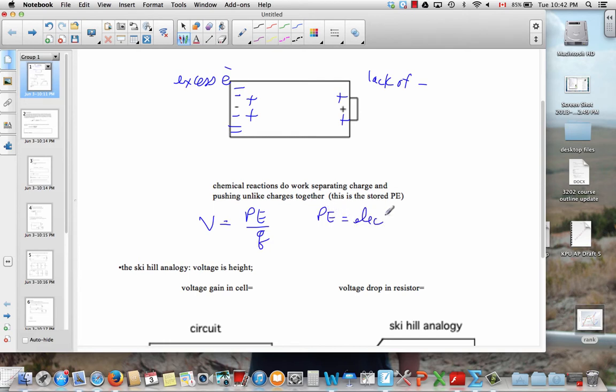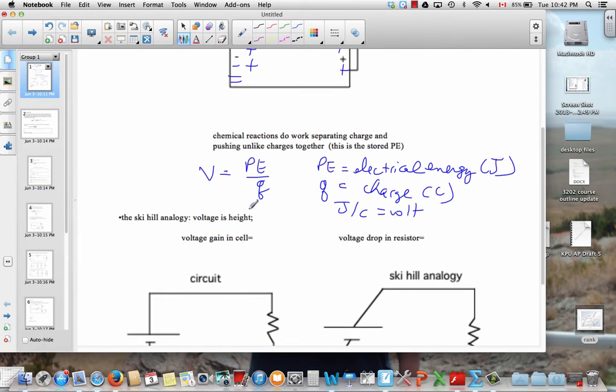So this is the electrical potential energy, and that'll be in units of joules. Of course, Q is a charge in coulombs, so a joule per coulomb is a volt.